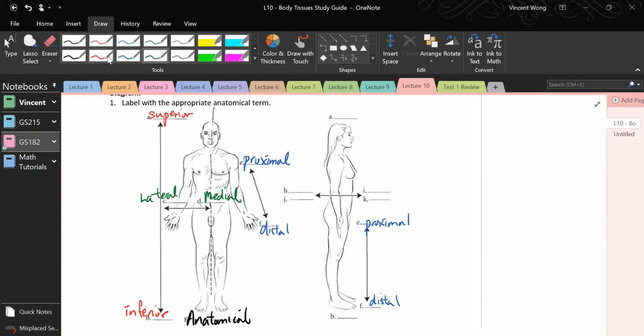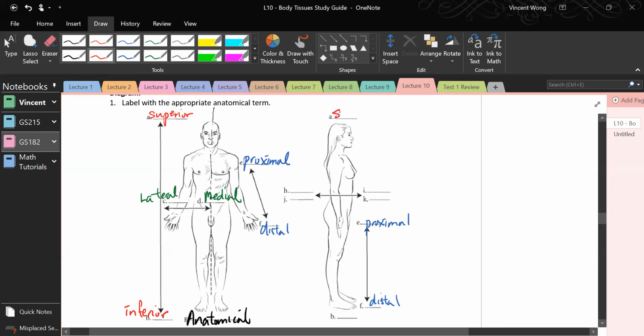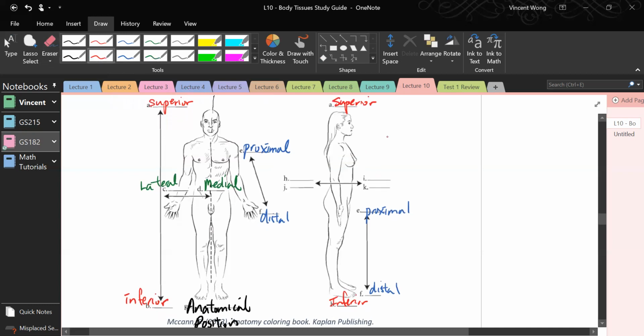They are very medial. If you look at the person from the side, this is superior, this is inferior. At the front, it is anterior, and at the back, it is posterior. Another word for anterior is ventral. So the tummy side is ventral, and the back side is dorsal.